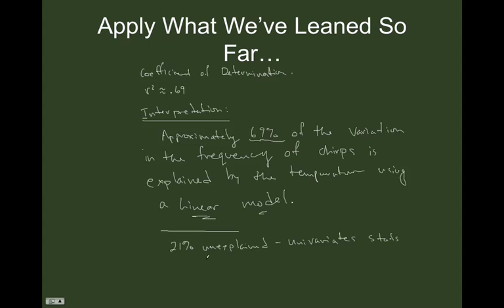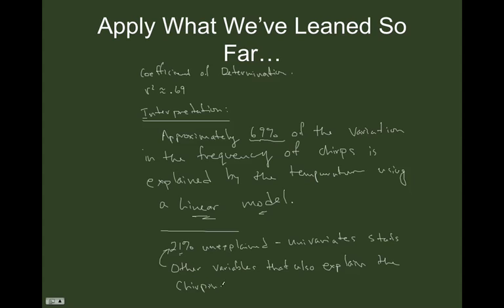But I do like to mention it because what the 21% is related to are other variables that might be out there that also explain the chirping, in other words, the frequency of chirps.